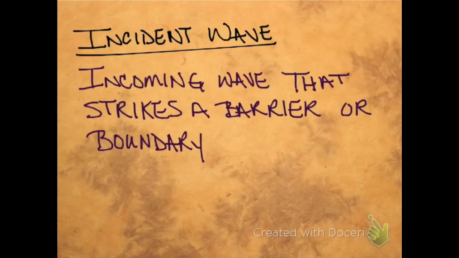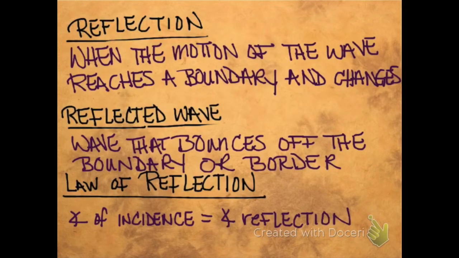In order to begin this, the first thing we need to realize is the difference between an incident wave and a reflected wave. An incident wave is the original incoming wave that is going to strike the barrier. So this is the one you're looking at before it hits something. The next type of wave is called a reflected wave.